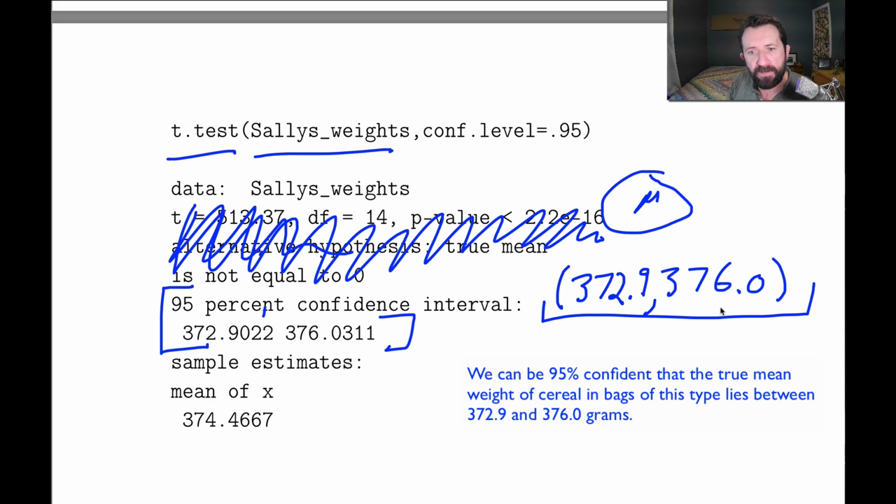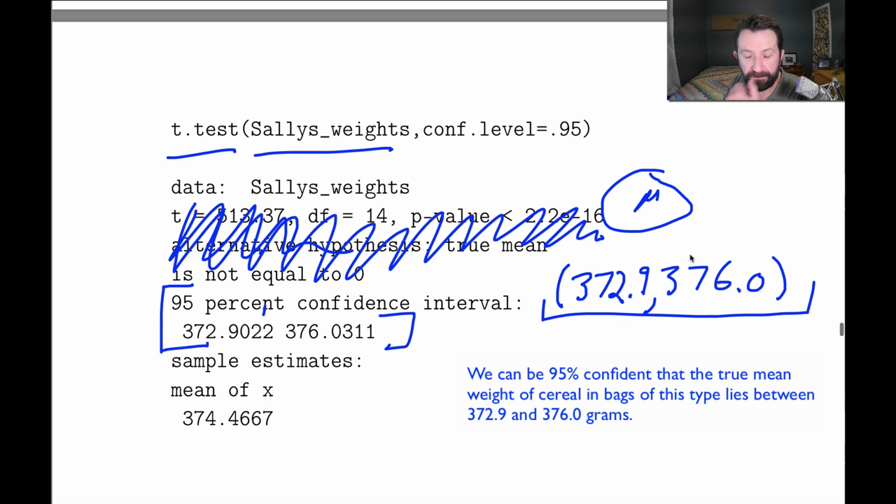So the farther out we go, it starts getting sketchier and sketchier. And there's nothing mathematical that allows us to go out. We can only really talk about that population from which we sampled. But we can use our common sense and our brains and think, well, maybe this is likely giving us some information about these types of bags of cereal in a little bit more general setting.